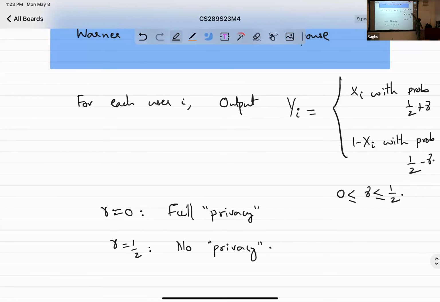Both options, 0 and 1, are happening with probability half. So it's full privacy in the sense that the output distribution doesn't depend on the input at all. Even if everyone was 0, the output distribution will still be the same as if everyone was 1.